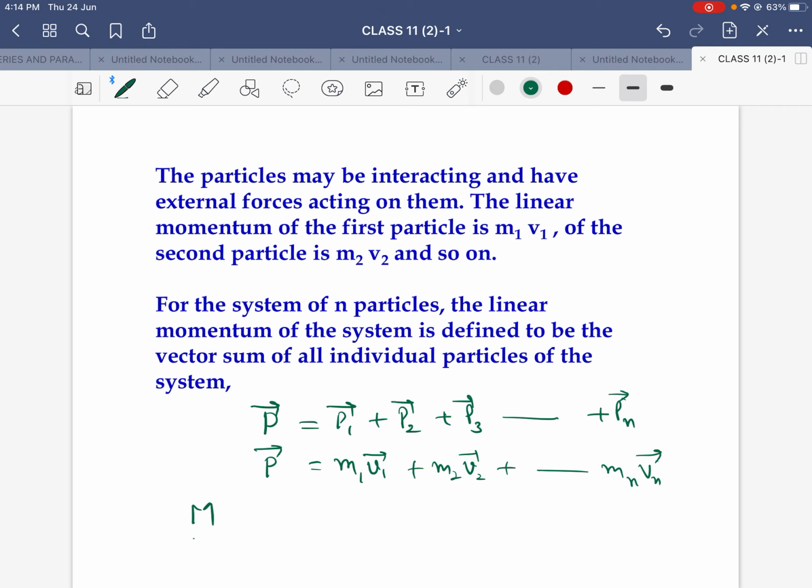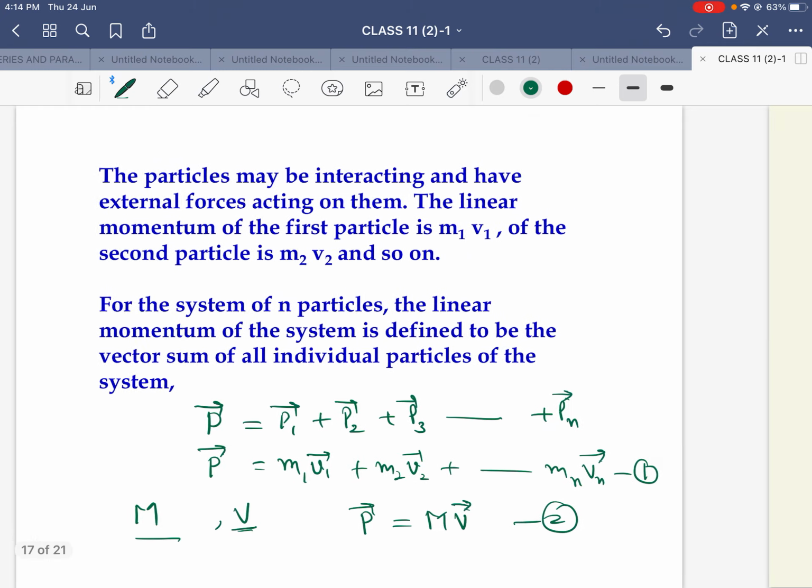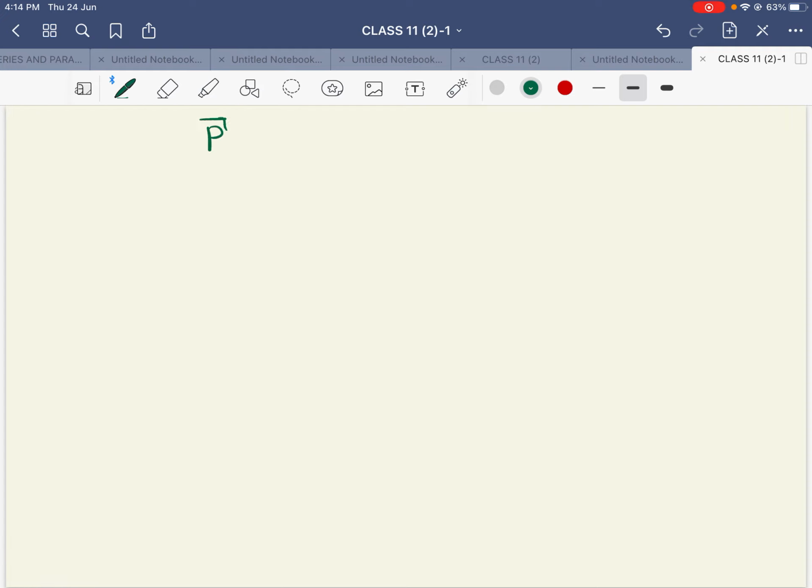If m is the total mass of the system of n particles concentrated at the center of mass, and v is the velocity of the center of mass, then we can write P equal to m into v. Therefore, from equations 1 and 2, we can write the P vector equal to m, the total mass, into the v vector, which is further equal to m1 v1 plus m2 v2 plus so on up to mn vn.